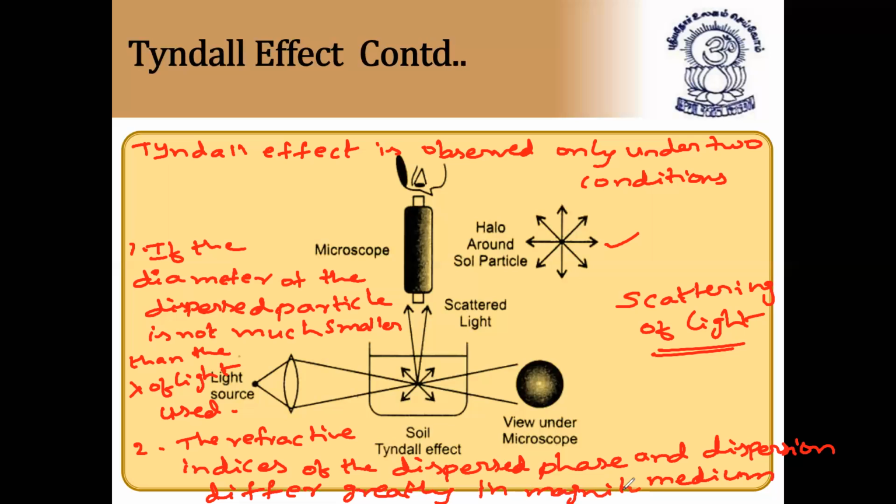Means they should have a lot of difference between the refractive indices of the dispersed phase particles as well as the dispersion medium. Here the dispersed phase particle is the colloidal solution.